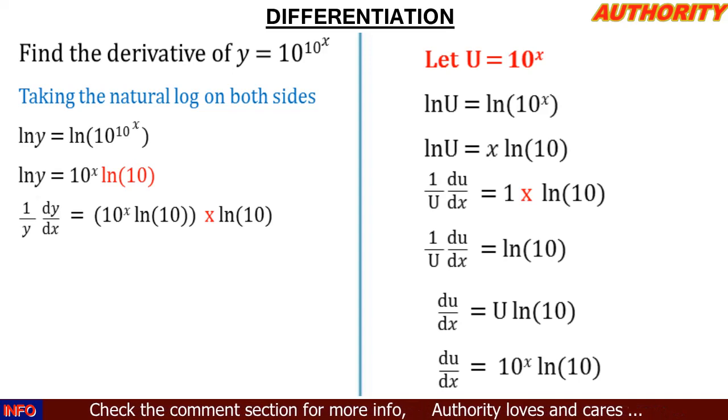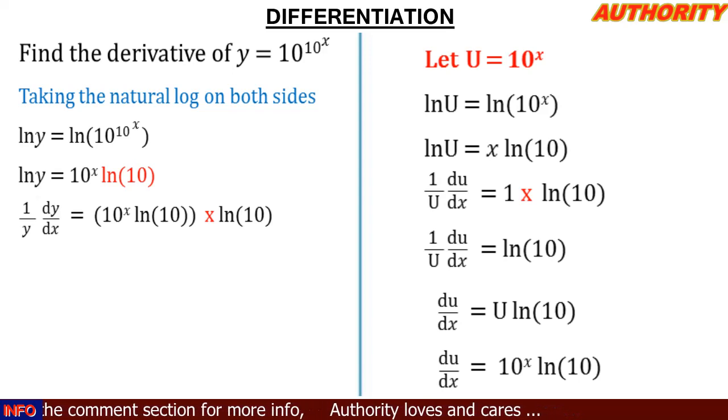Now here we have 1 over y dy/dx is equal to 10 raised to power x. In this place we have ln 10 multiplied by ln 10, which is going to give you ln squared 10.